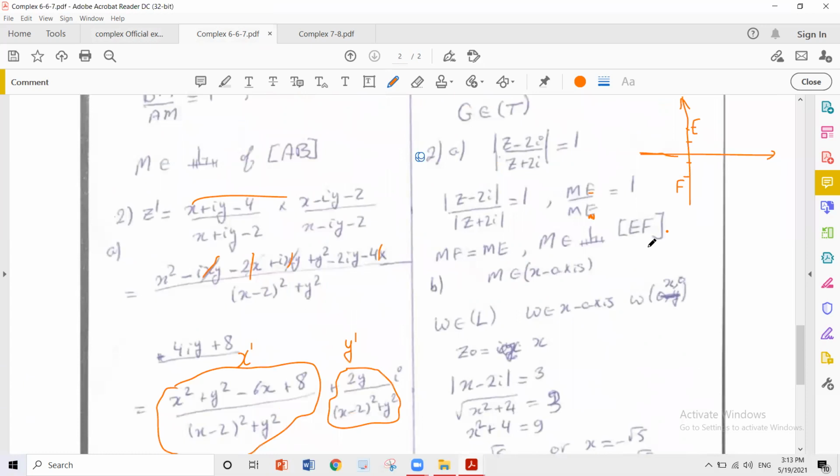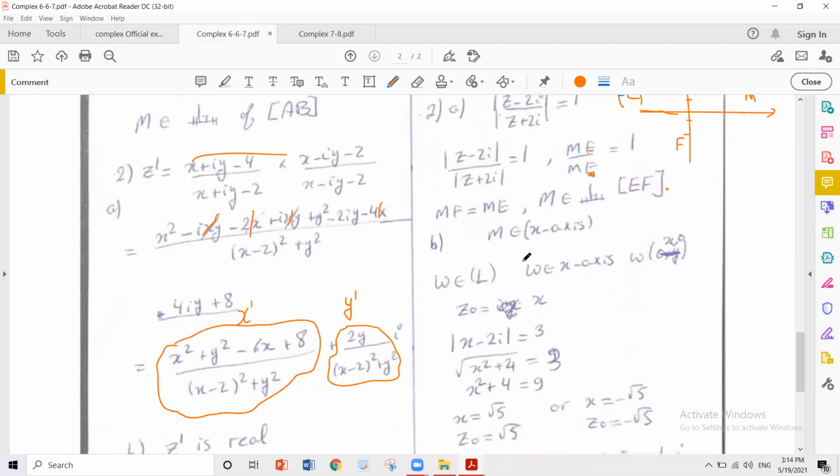M belongs to L, the perpendicular bisector, so M is a point on the x-axis.